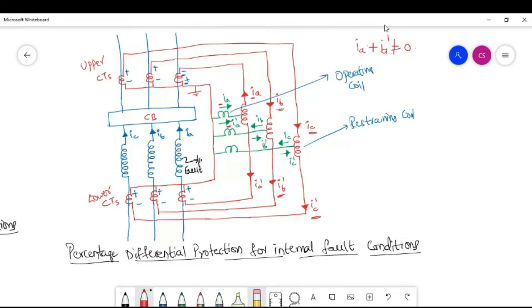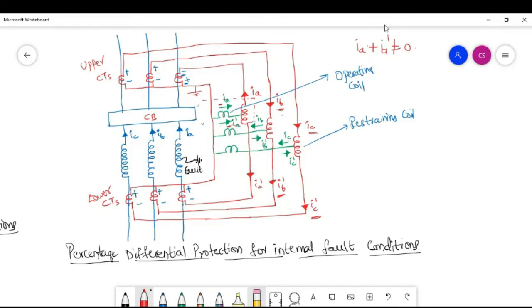The summation of current is not equal to 0 in the operating coil. Some amount of current is flowing through the operating coil and the restraining coil also has some amount of current, therefore only this respective phase relay is going to operate. The remaining relays are not going to operate. That means phase B and phase C relays are not going to operate. Only this relay will operate because the fault is on only phase A.